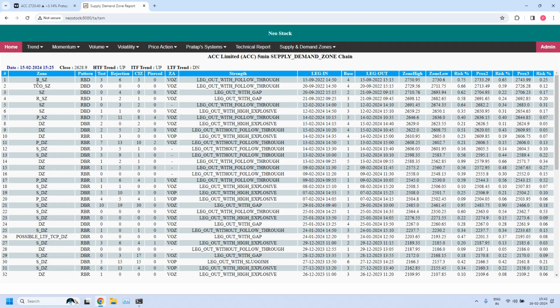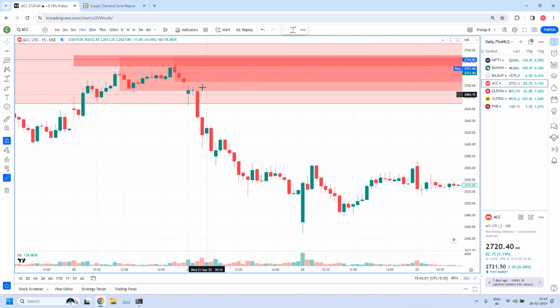So obviously we have to give importance to this zone. That is the reason why we need to draw a zone. What is the zone high? 2750. This is 2730. 2750.95 paisa. So what I did, I have just drawn this zone manually.